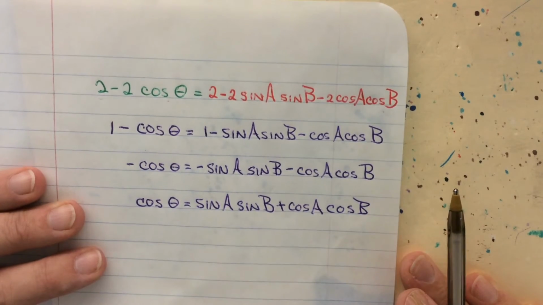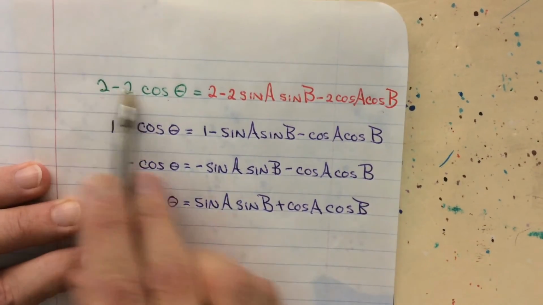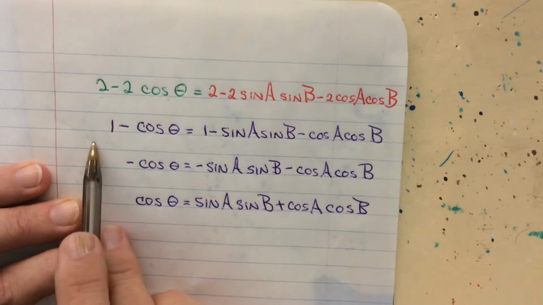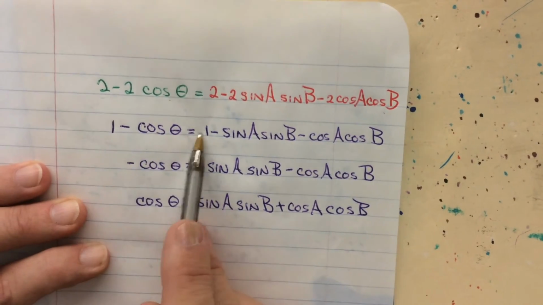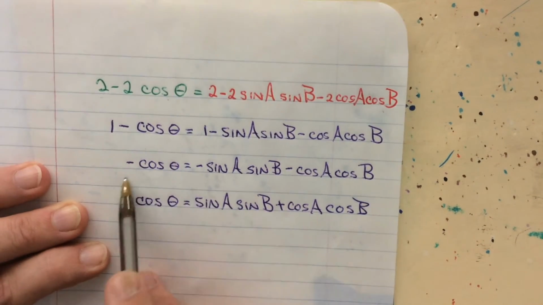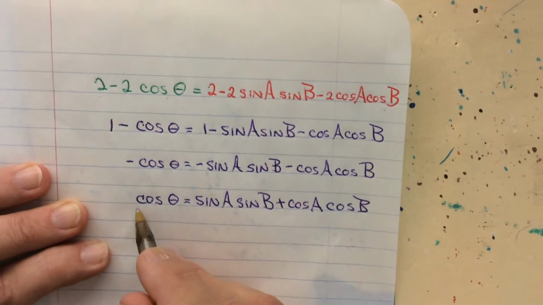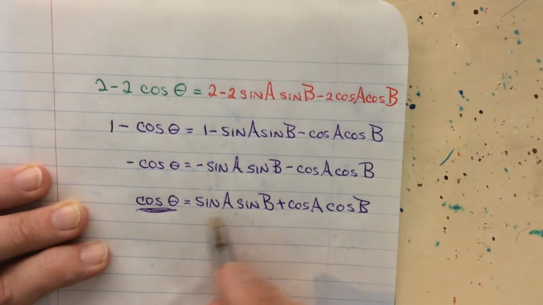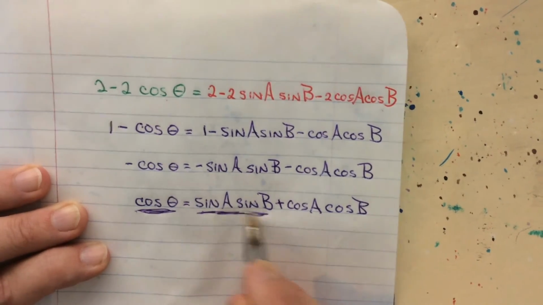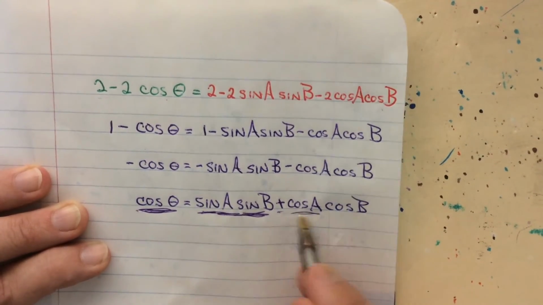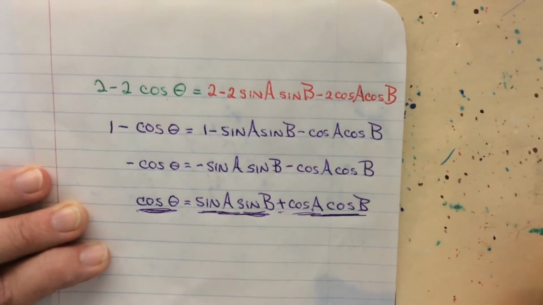So what happens? Well, you divide everything by 2. I could subtract 1 from both sides. I could multiply both sides by -1. And I wind up with cosine of theta is equal to sine A times sine B plus cosine A times cosine B.